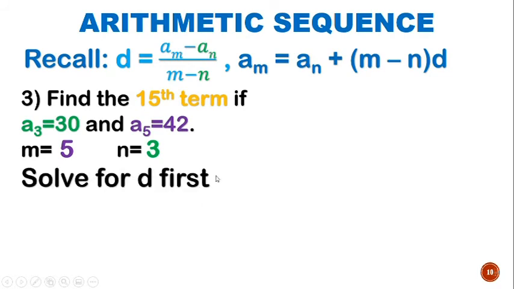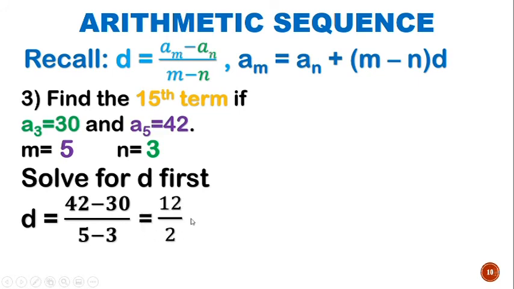You will have 42 being A sub M, and then minus 30 being A sub N, all over 5 minus 3. That will yield 12 divided by 2 or simply 6. Now, what other information here have we not used yet, or should have noticed?